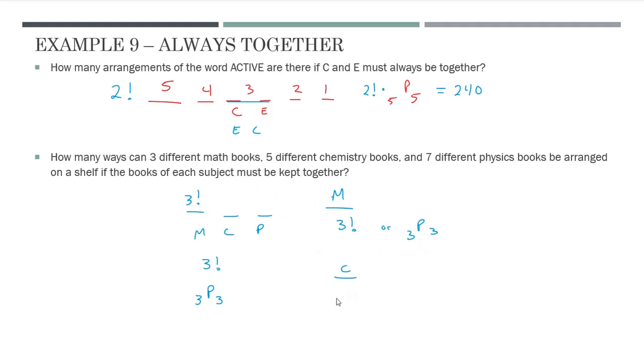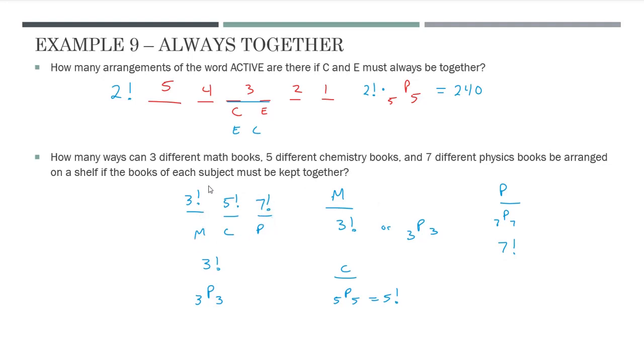For chemistry, it's 5 pick 5, which is really 5 factorial. And then for physics, well, there's 7. So it's 7 pick 7, or 7 factorial.